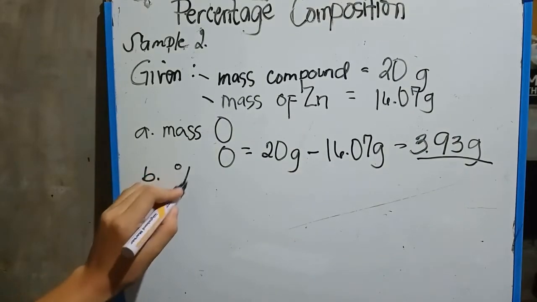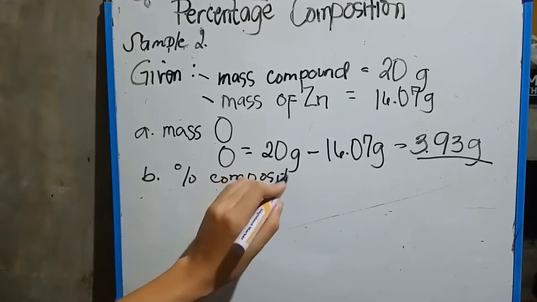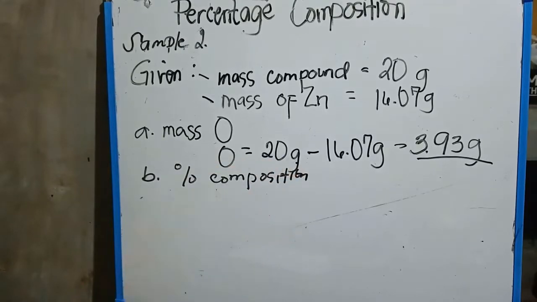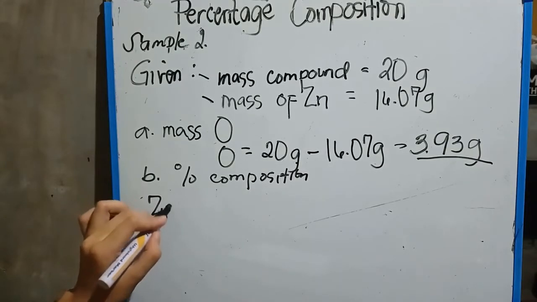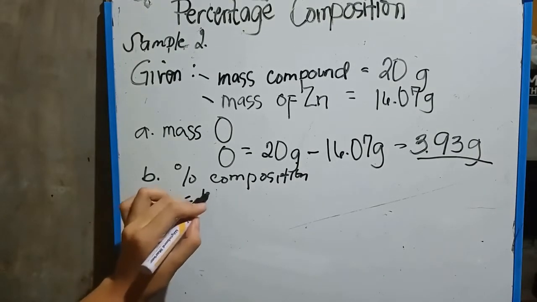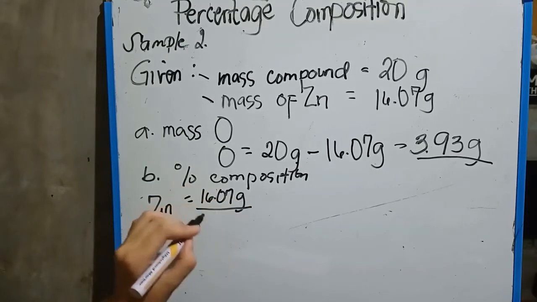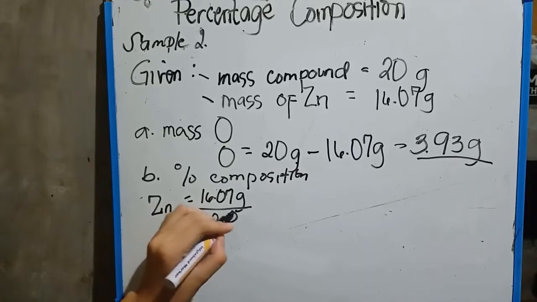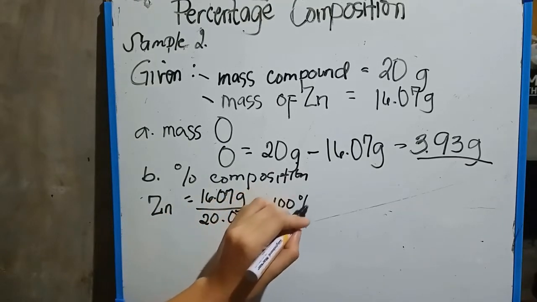Determining the percentage composition of the compound. First, the zinc is equal to 16.07 grams over 20.0 grams times 100%.